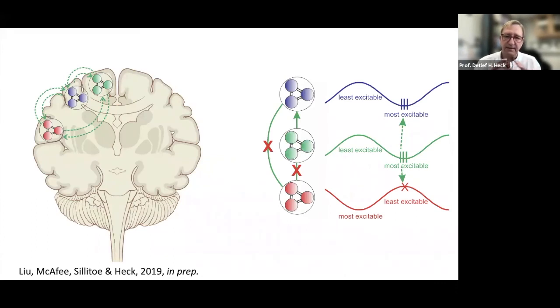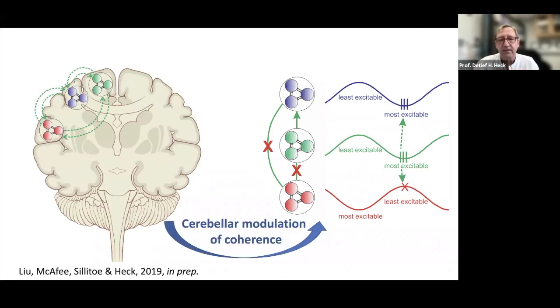But the suggestion I have for you now is that what the cerebellum actually is doing in its communication with the cerebral cortex, rather than just talking to one structure in a closed-loop way, is that the cerebellum modulates coherence between cerebral cortical structures in a task-dependent manner.